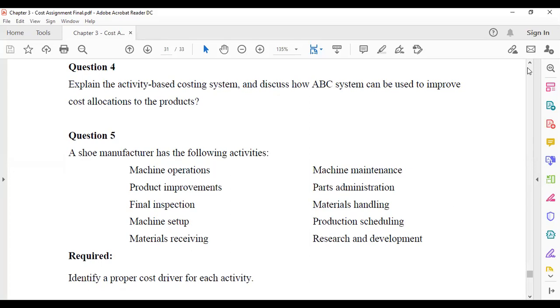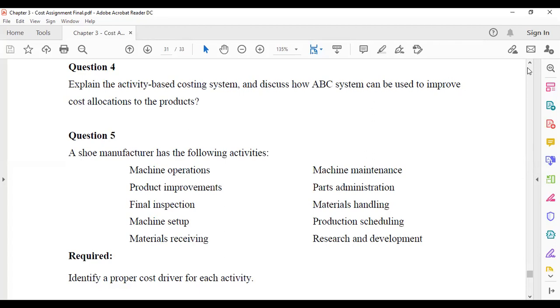The second difference comes in the second stage of allocation. So what is the second stage of allocation? Having allocated the cost initially to these activities, you have to take this cost to the final cost object. In doing so, you need to look for an appropriate cost driver, considering the cause and effect relationship.